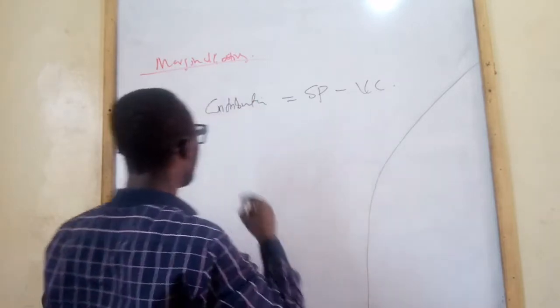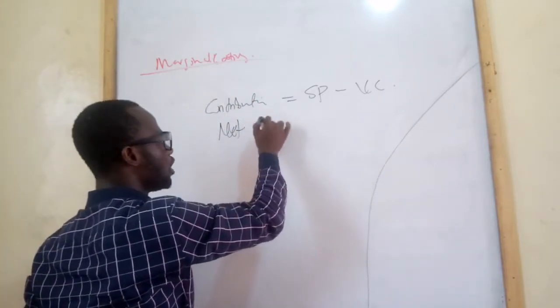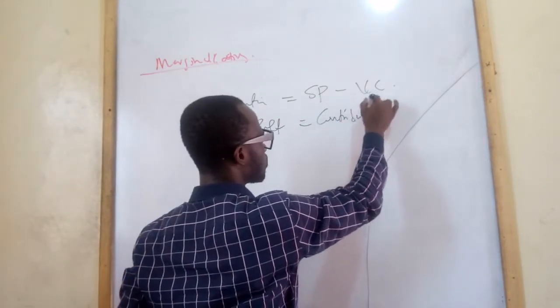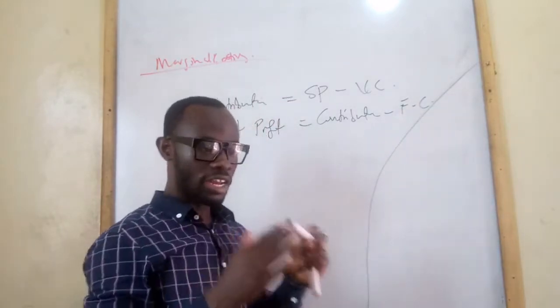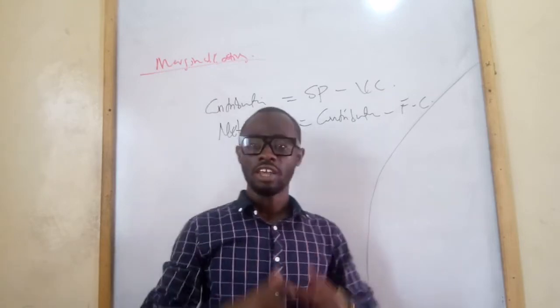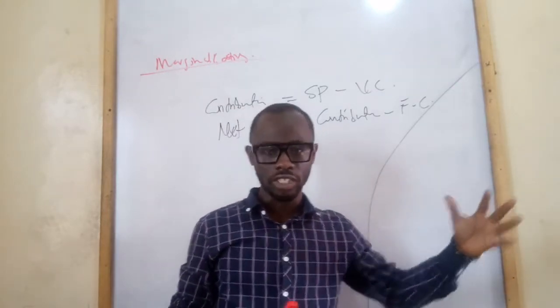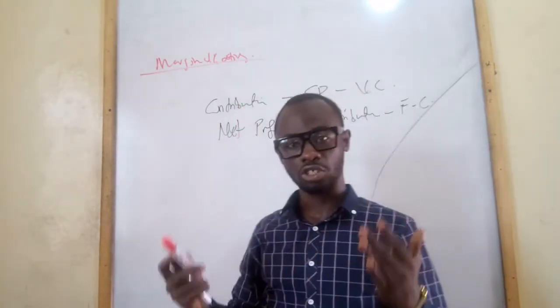So if you want to get your net profit under the marginal costing principle, your net profit is going to be your contribution minus the fixed cost. That is why the definition is that it is the accounting system in which the variable costs are charged to the cost unit, but the fixed costs are written off in total against the contribution.